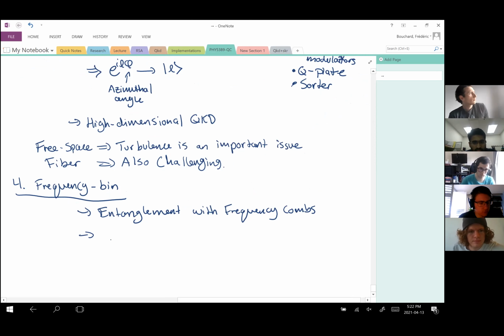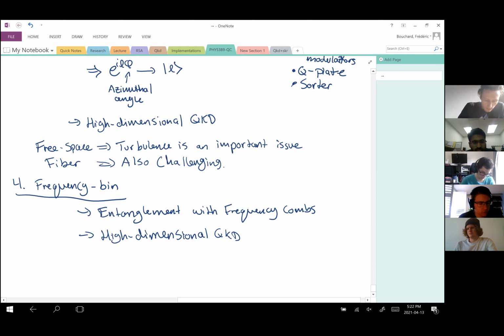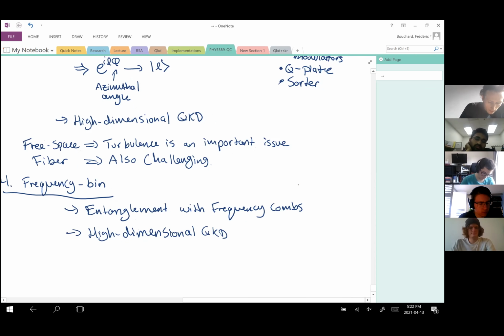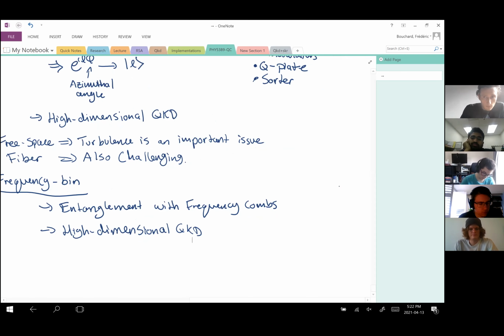You can also extend this to high dimensional QKD, just like spatial modes. And by the way, you can also do this with time bins. Generation and detection: to manipulate, you probably need things like gratings. And the problem is if you want to shift frequency or play with frequency, you always need nonlinearities.